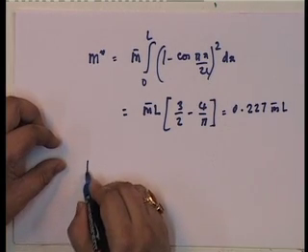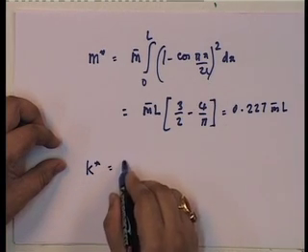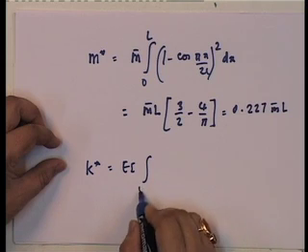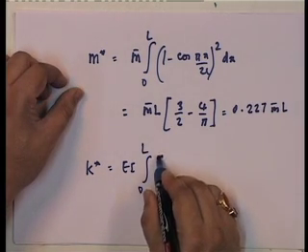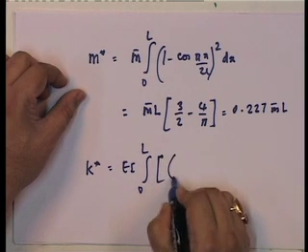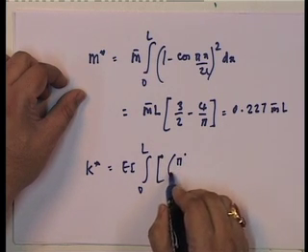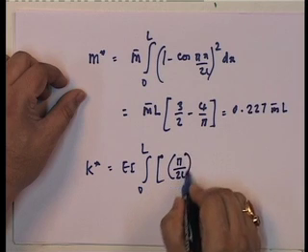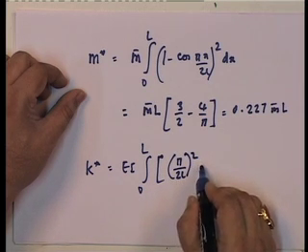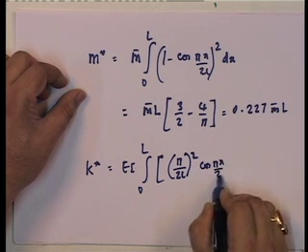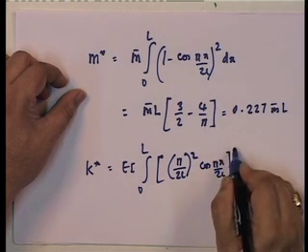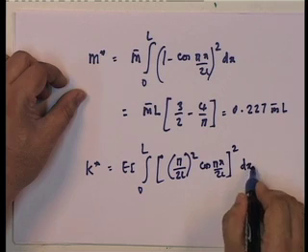Now K star was equal to EI integral 0 to L, and this is equal to pi upon 2L the whole squared cosine pi x upon 2L the whole squared dx.